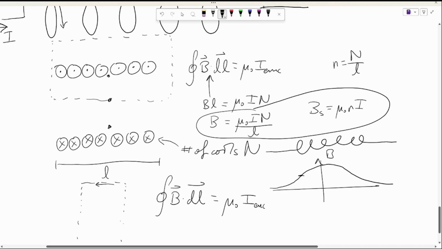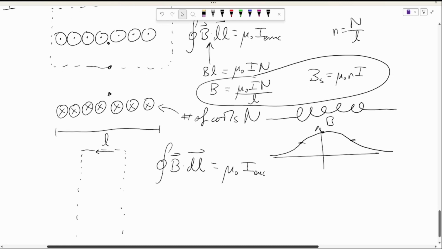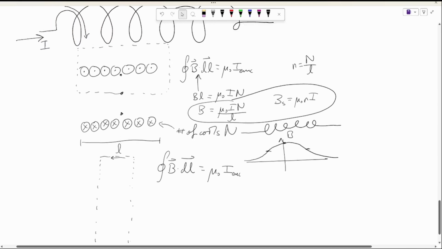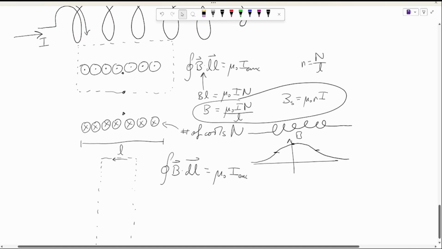And it's about half as strong at either edge of the solenoid as it is in the middle. But for AP exam purposes, you don't really care, and you just always assume you have an infinite solenoid. Okay, that's what I was looking for. Thanks. Wait, does this show up on the AP exam? Solenoids? Yes.